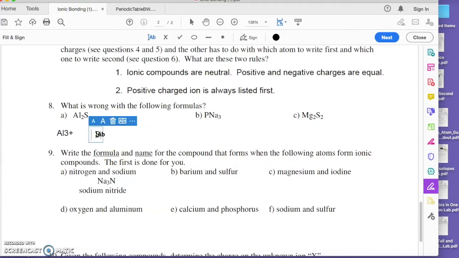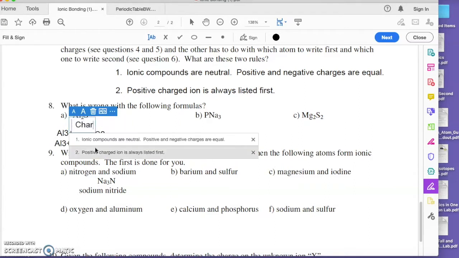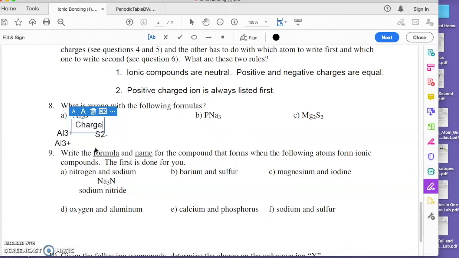So if I have 2 Als and 1 sulfur, I would have +6 and a -2. Well, what's wrong with this one? It's easy. Charges don't balance. That's why this one's no good.